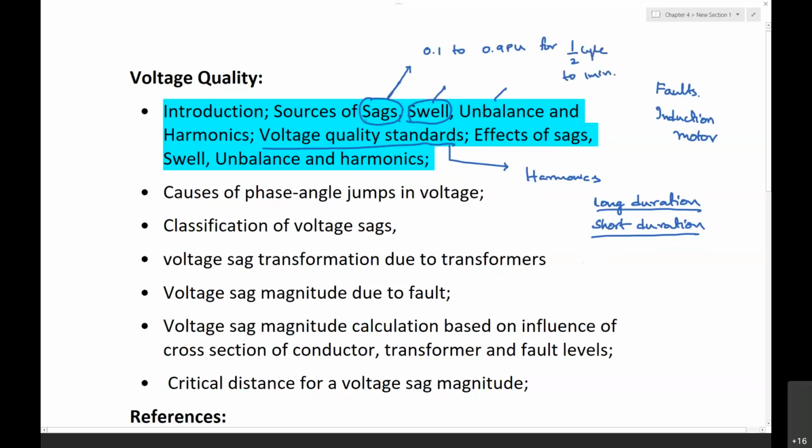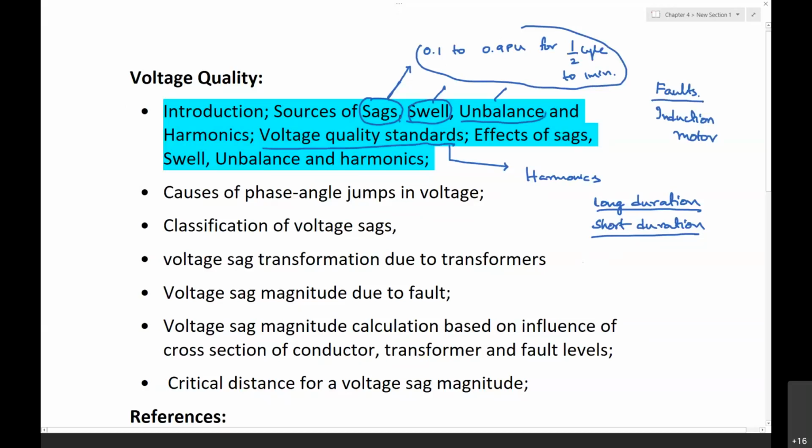We have defined these definitions also. The swell is also due to a fault in a system.